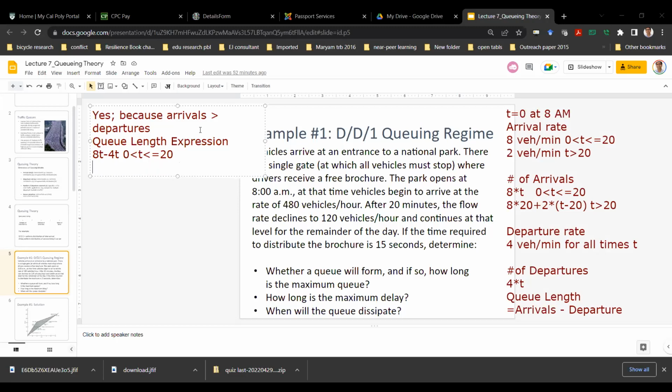But then once you've hit that time, what happens at t greater than 20? The expression is still the same. It's still arrivals minus departures. It's just that my arrival equation has now changed to this one right here. So I'm going to say 160 plus 2t. Okay, so that's my arrivals.